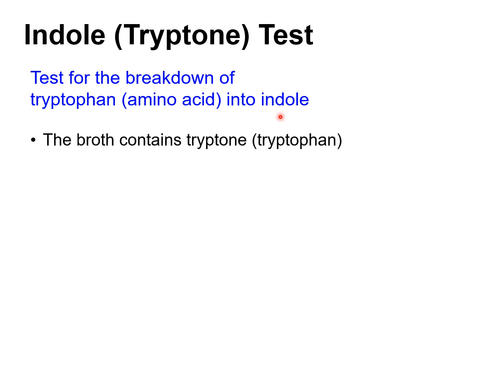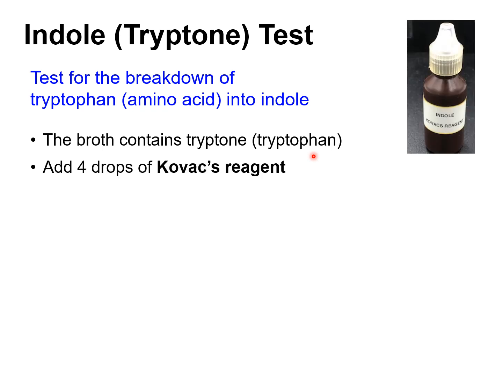Now, as I said, we usually start off with a broth that contains tryptone, right? As I said, it's that protein, and proteins are made out of amino acids, right? So it does contain the tryptophan amino acid, and we're trying to figure out whether our bacteria can break it down. If it is capable of breaking it down, then the product indole will be produced, okay?